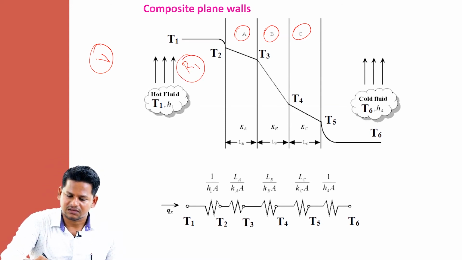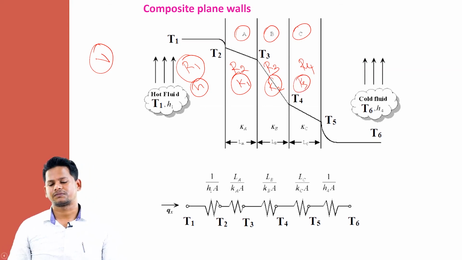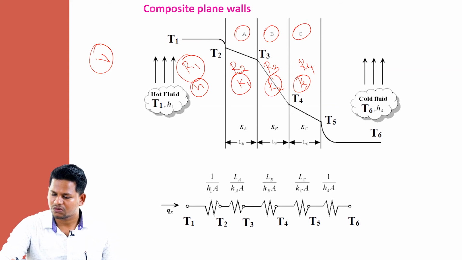Second, we have conduction. Again we have another conduction, R3, which depends purely on conduction. Again another conduction, which depends on the conductivity of the material. Finally, we have one more convection, R5, which depends on the value of H.